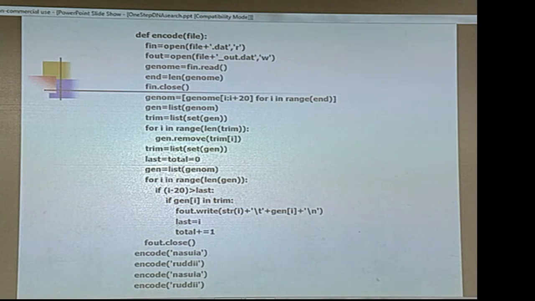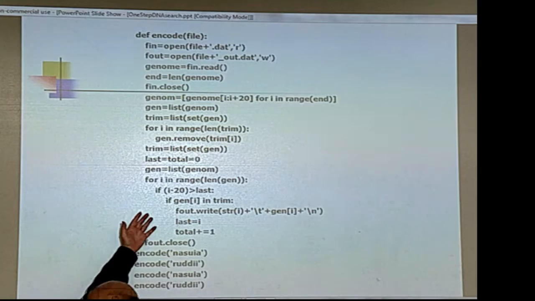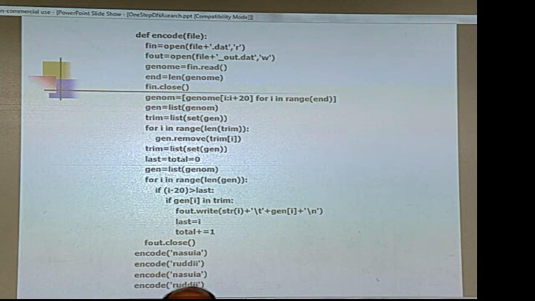So it's very nice. And when I write out the file, one interesting thing when you find the repeats is that genomes usually have repeats; the genes sometimes are repeated in the genome.